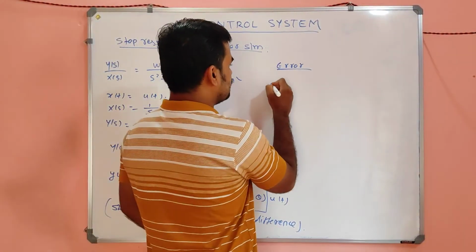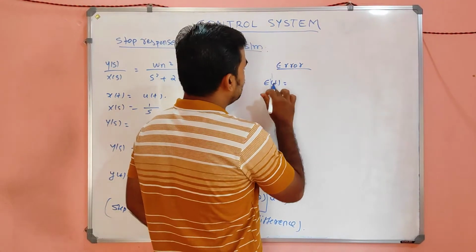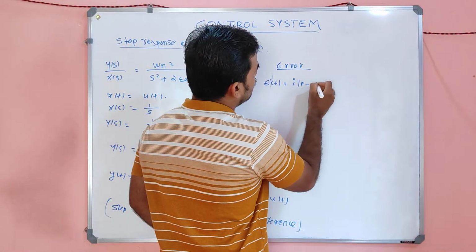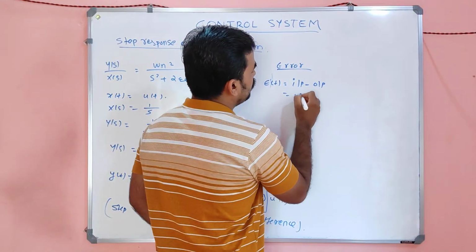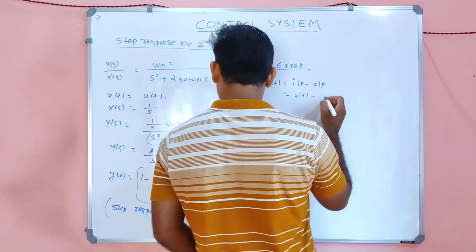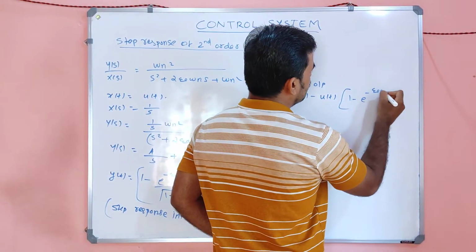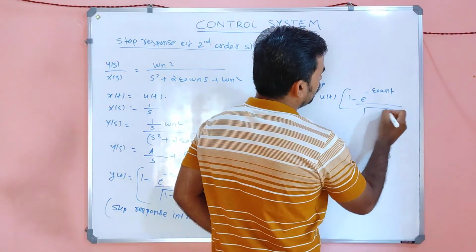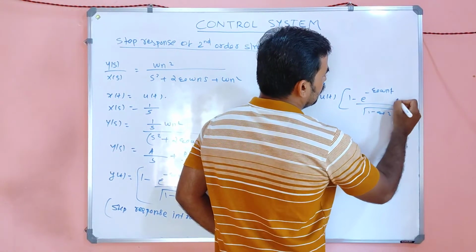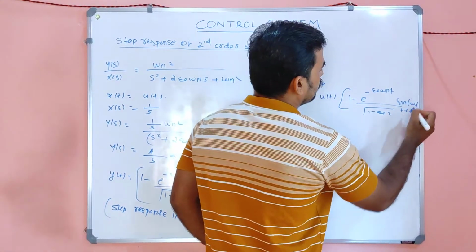So e of t is the error signal. E of t will be equal to input minus output. Input is u of t, minus output, which is u of t into 1 minus e raised to minus theta omega n t, whole divided by root of 1 minus theta square, into sine of omega d t plus theta.